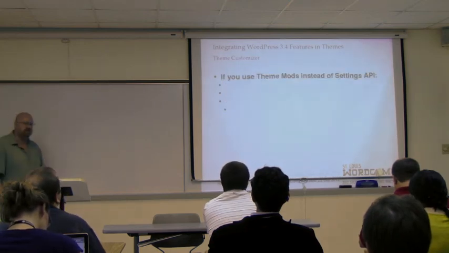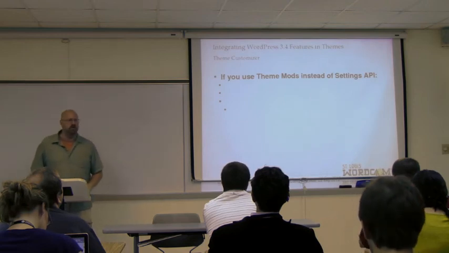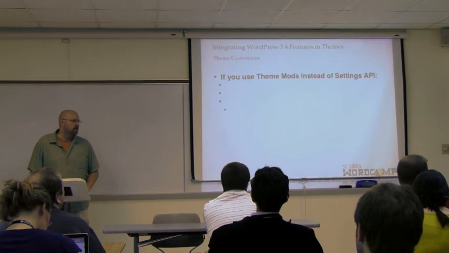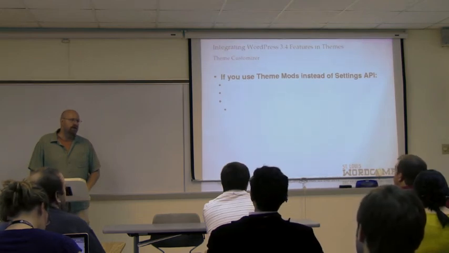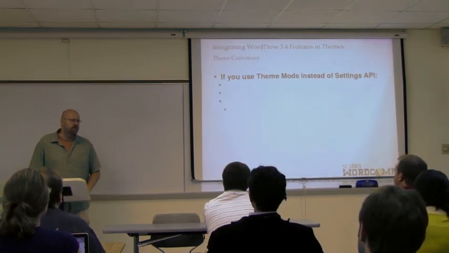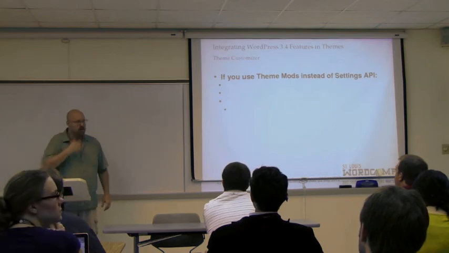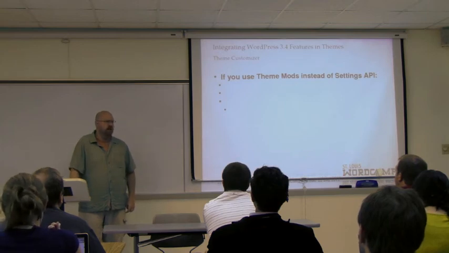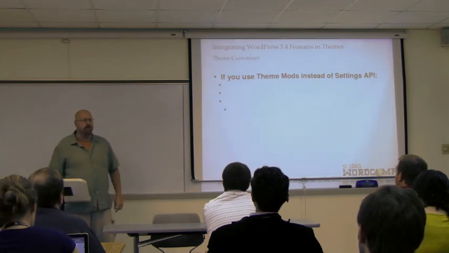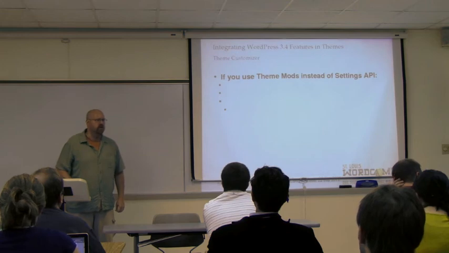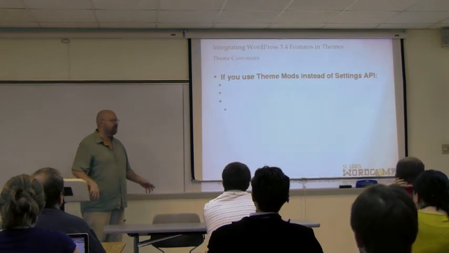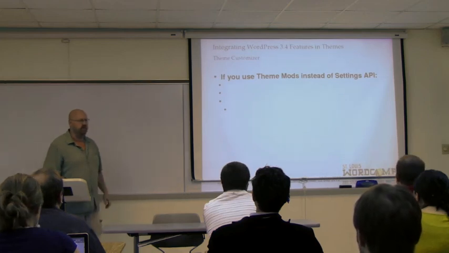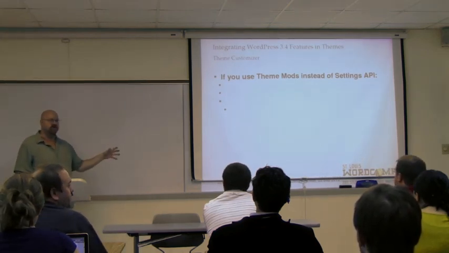Now you may also use theme mods. Anybody here use theme mods to store their theme settings? Like Options Framework? What do you mean by theme mod? Does Options Framework use theme mods? No, well, you say theme mod, but I don't know what that is. Theme mods would be where WordPress stores things like the custom header, custom background, menu, widget information, all of that. That would be, say, theme slug theme mods. When you look into the WP options database table, you can actually store things there.